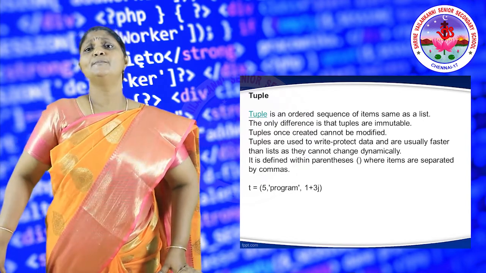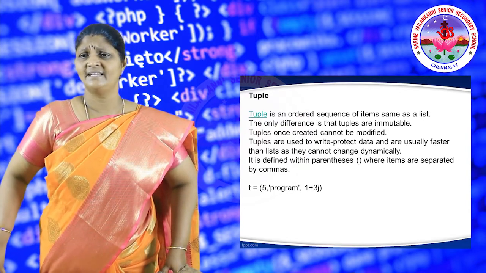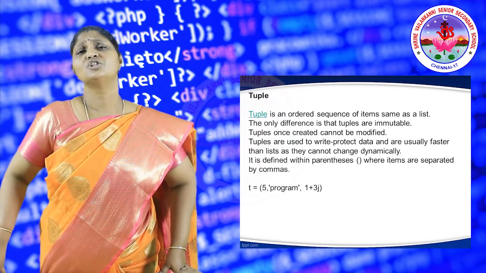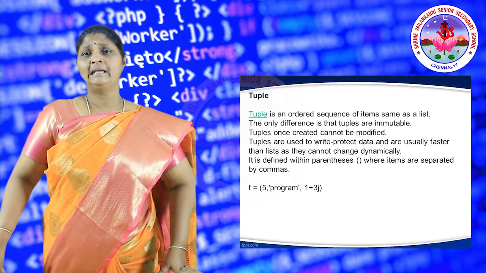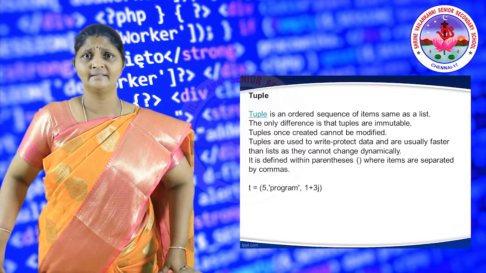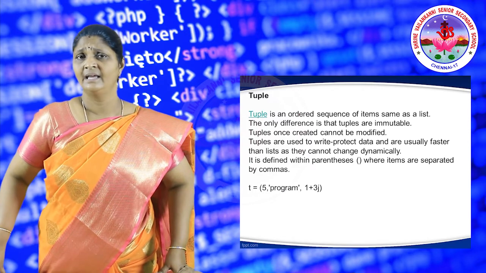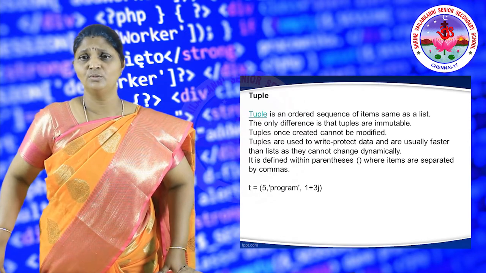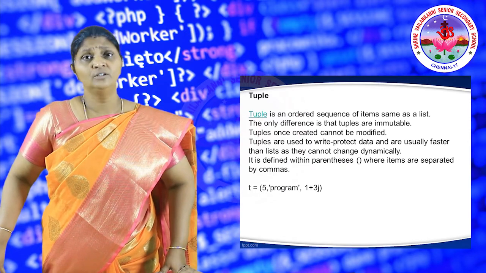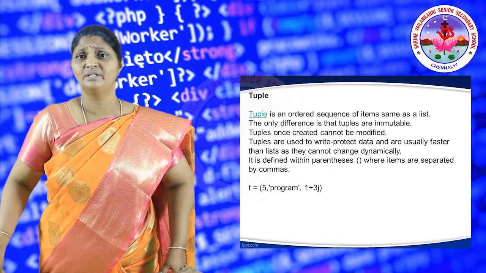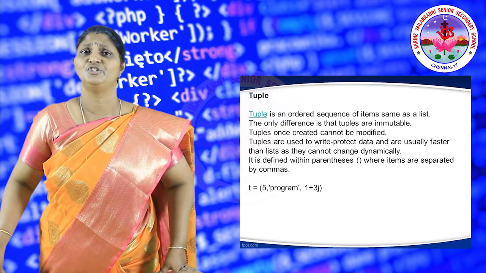Tuples are used to write-protect data and are usually faster than lists as they cannot change dynamically. It is defined within parentheses, that is normal brackets, where items are separated by commas. Example, t is equal to 5 comma within quotes program comma 1 plus 3j, which is a complex number; program is string, 5 is integer.